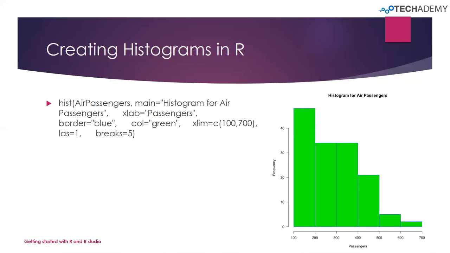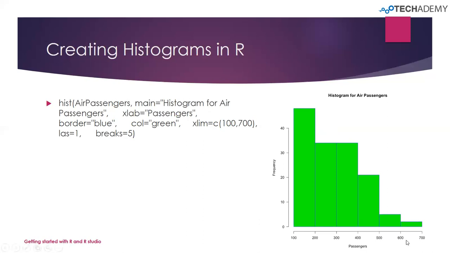There is another example. There is an AirPassengers data set that I am using over here. It is an inbuilt data set. The main label of this particular histogram is Histogram of Air Passengers. xlab is Passengers, border is blue, col is green. xlim is equal to c(100, 700), which means it will give you the values in the range of 100 to 700 only.